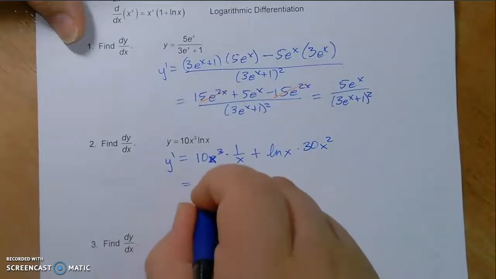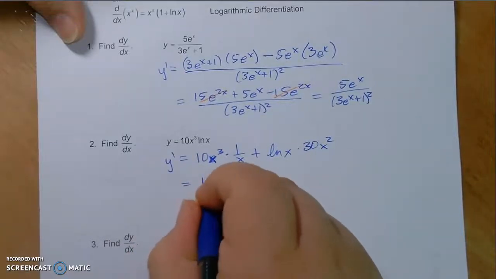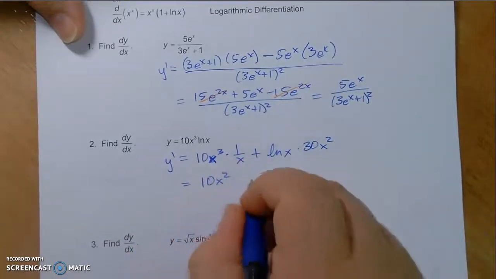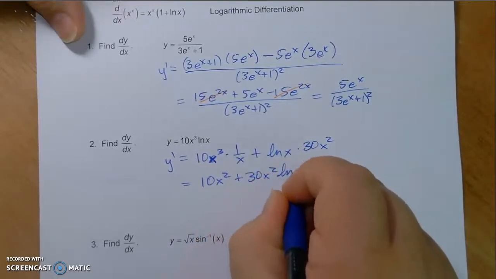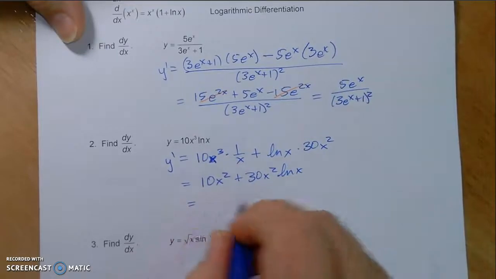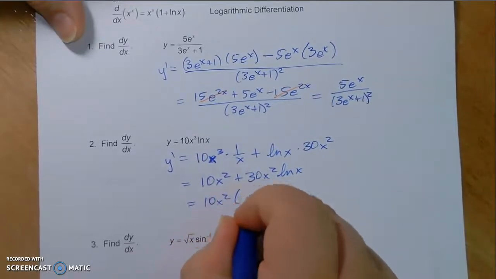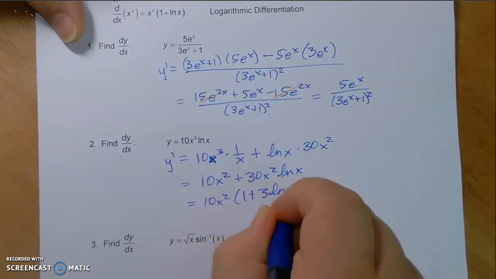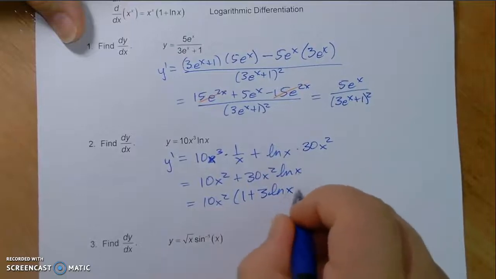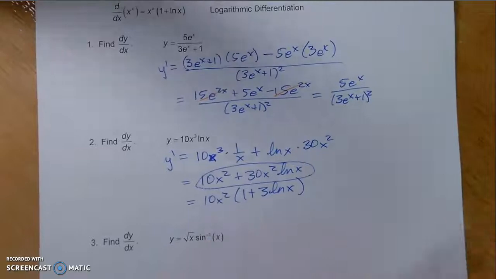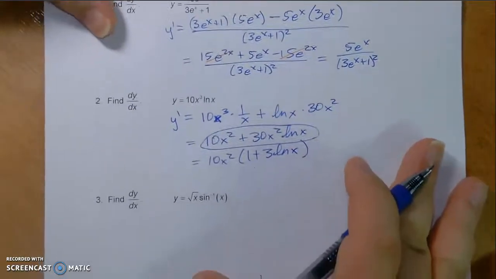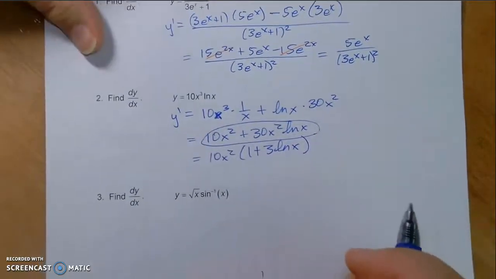Simplifying, we get 10x squared plus 30x squared natural log of x. Some might write this as 10x squared times 1 plus 3 times natural log of x. Both are fine. I don't really care which one. There's not really a preference.